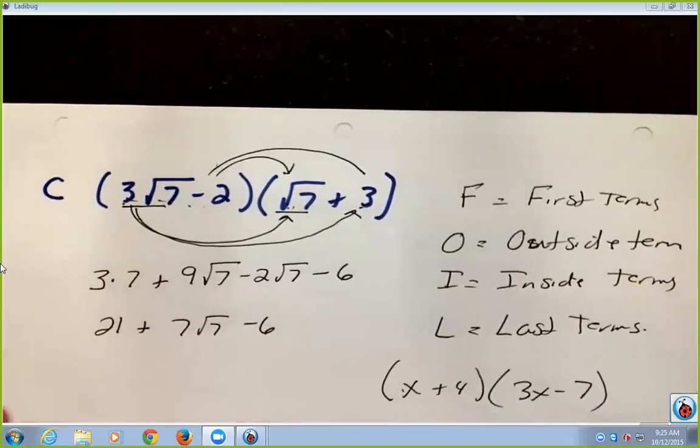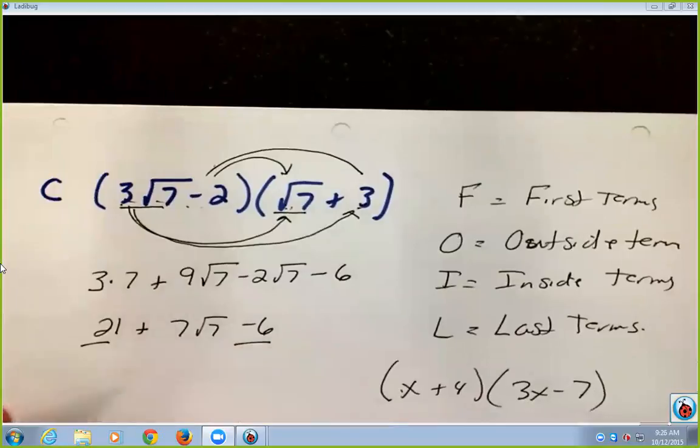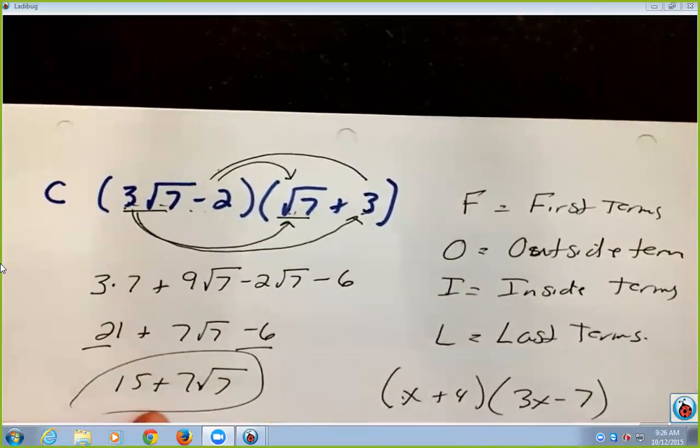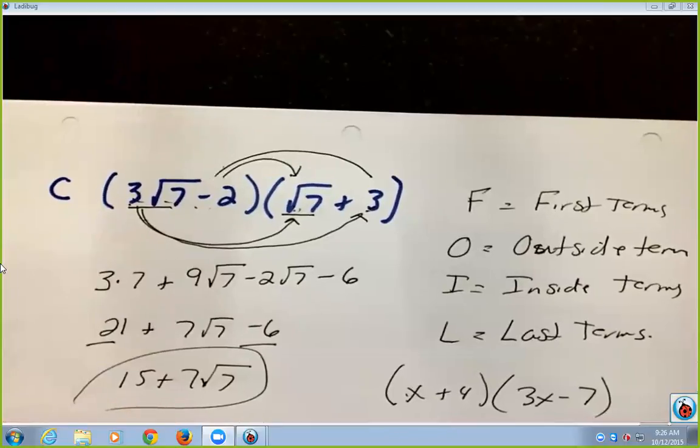And in most cases, the first term and the last term will now combine in these. So 21 and a negative 6 leaves me with 15. And so instead of having 3 terms like I had over here, I'm down to only 2 terms when I put that together. Okay? So again, foiling, making sure I multiply stuff together.